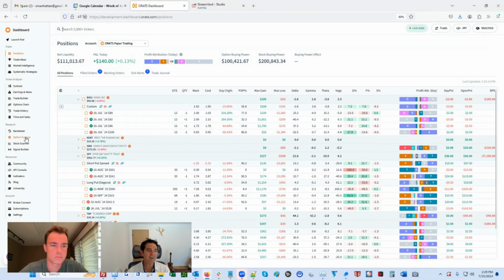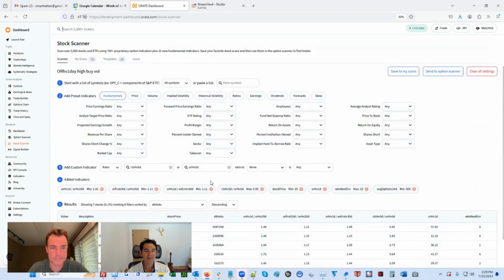So in the stocks that we've identified, they all have a good 1 day divided by implied, a 1 day divided by 20 days of movement, and a good forecast divided by the 20 days of movement, but also a low close to close. So those people would still be asleep to this particular strategy. So I think that's a good way to start to utilize the indicators that ORATS has in your favor.